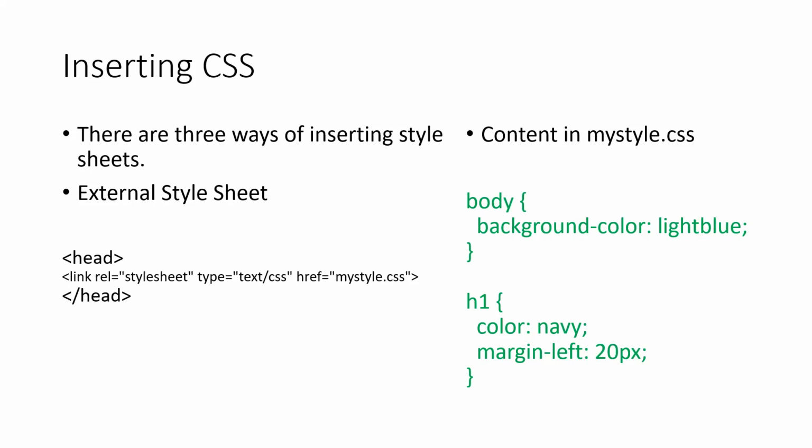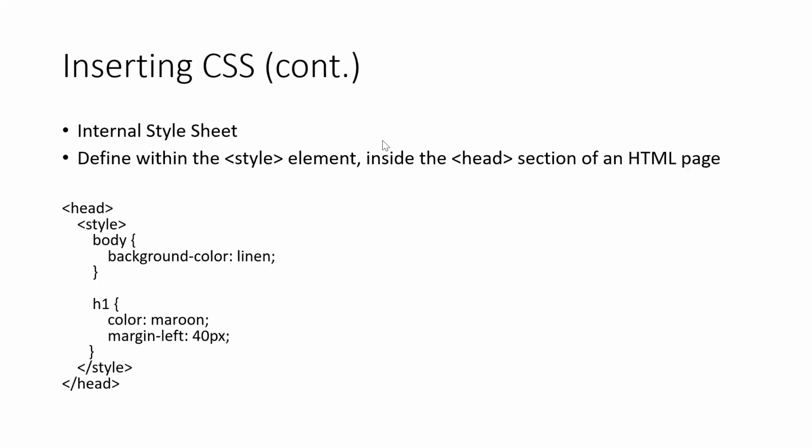That's what we did last time. Right, now we can also write an internal style sheet, right? So let's do that as well. If you go to the folder, you can follow the same things that we have done last time.